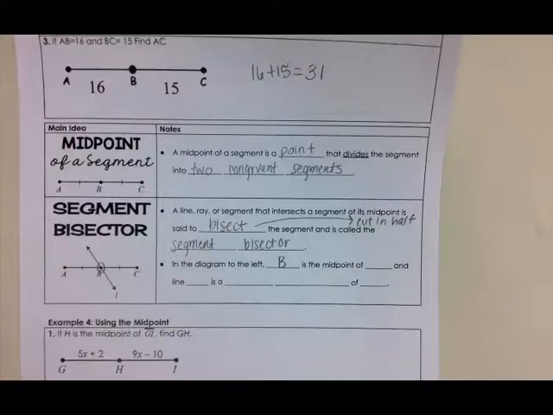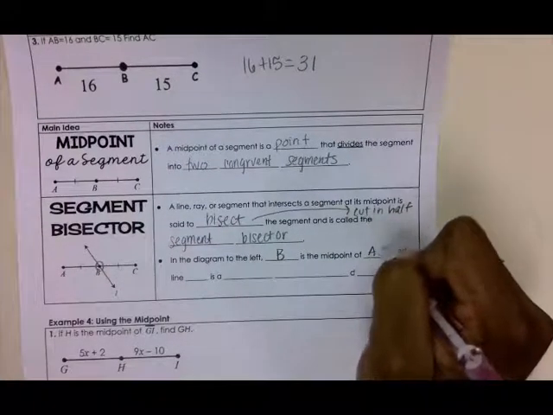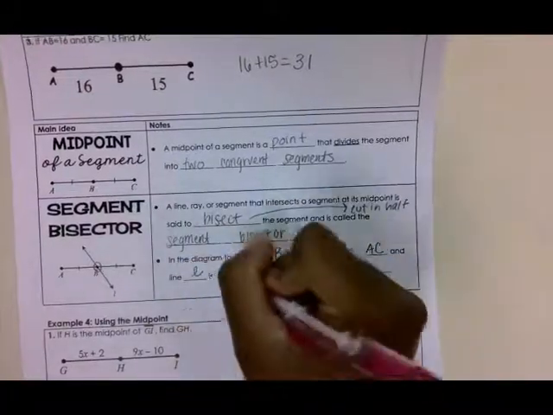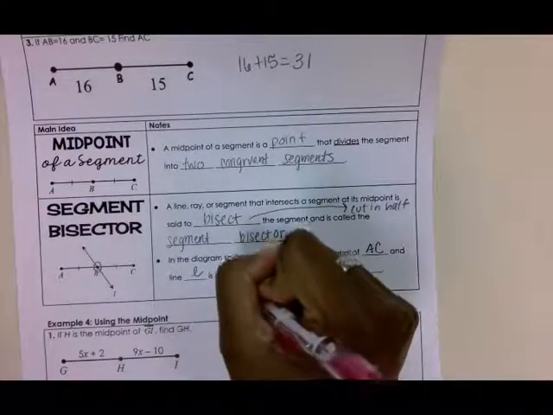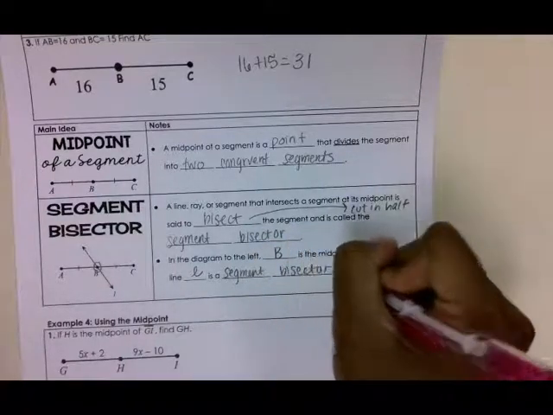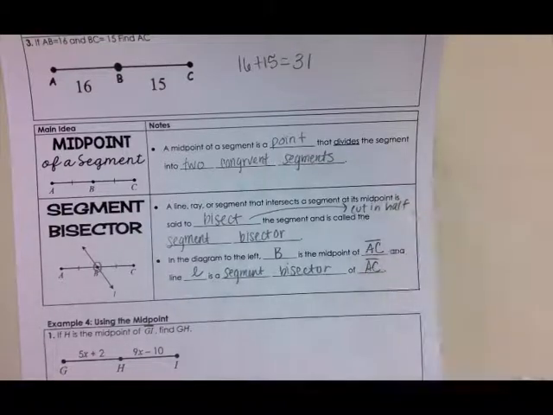So, midpoints also cut segments in half. And so, since B is the midpoint of AC, line L would be the segment bisector of line AC, or segment AC, I apologize.